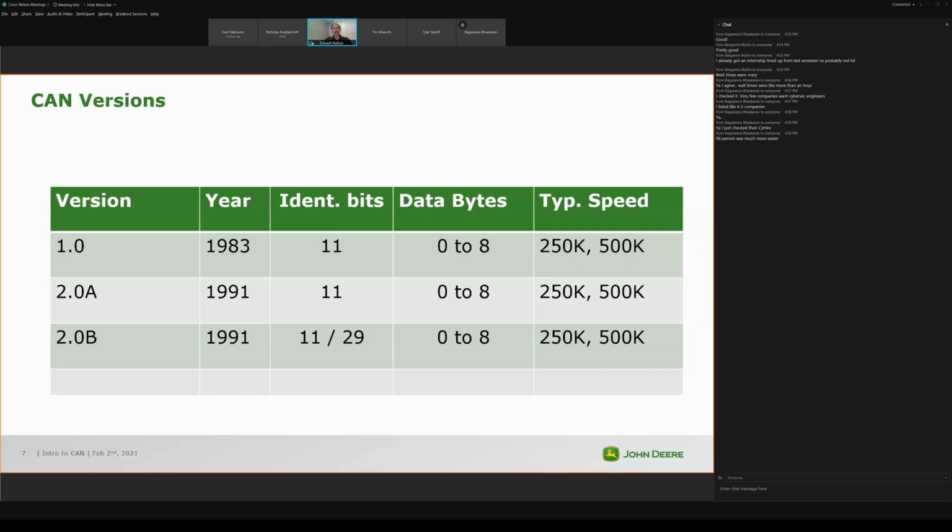We use 250K and 500K extensively. Though 1 megabaud is available, it needs completely different physical network properties. The 250K and 500K are very close to each other, which makes it easier for us to adapt. Any questions there?